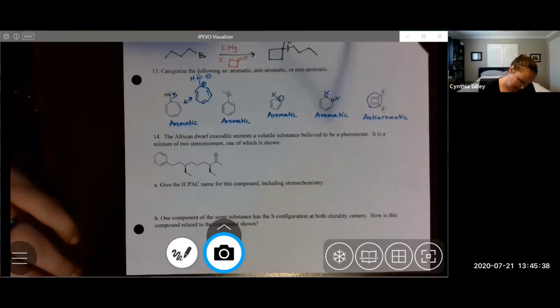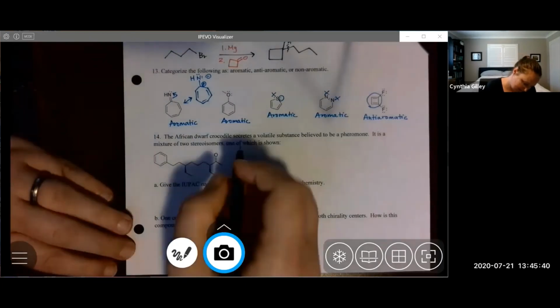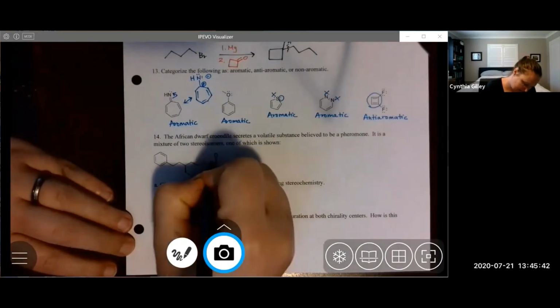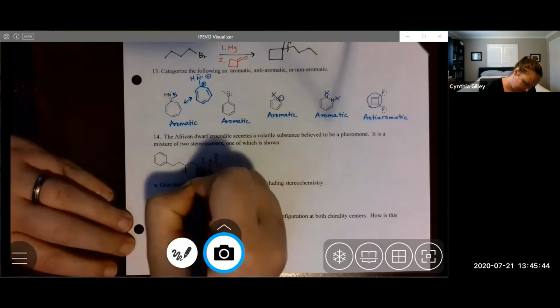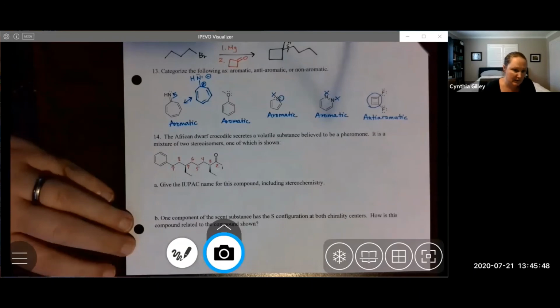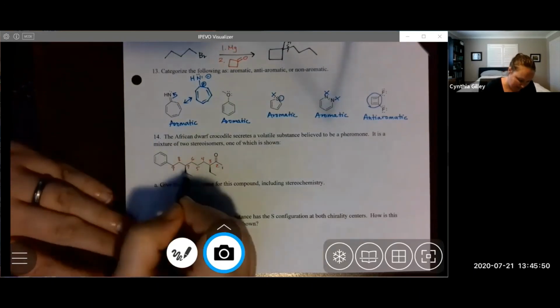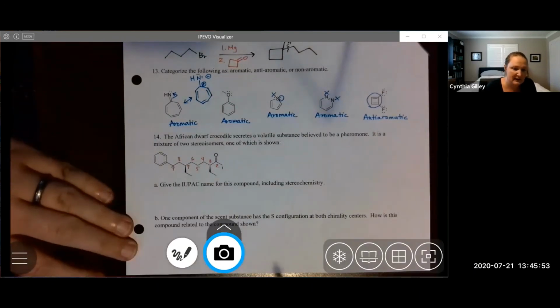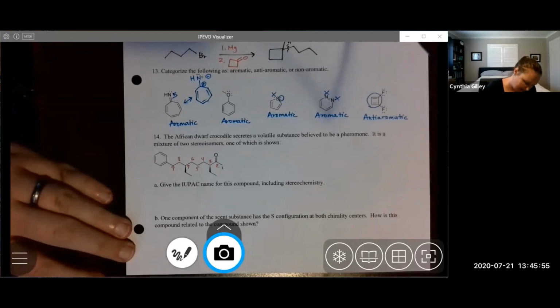So an IUPAC name for this compound. So this is going to be named as a ketone. So that's the highest priority group there. So it looks like we've got a phenyl and 2 ethyl substituents. E comes before P alphabetically.